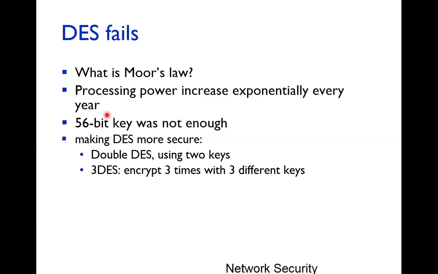Okay, so now to make DES more secure, there were some efforts. The first effort was they invented double DES, because the 56-bit key was not enough, so they used 2 keys, and that also did not become very secure.